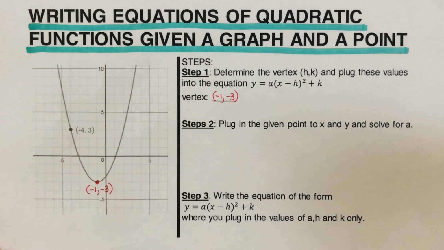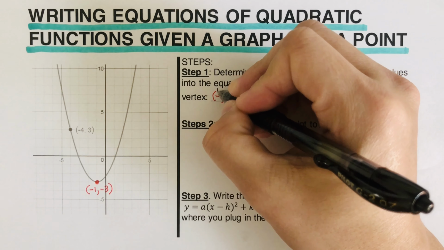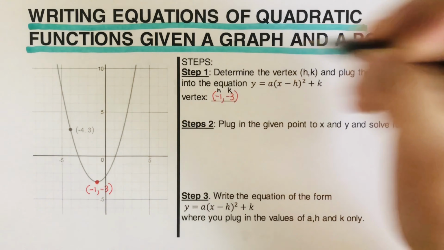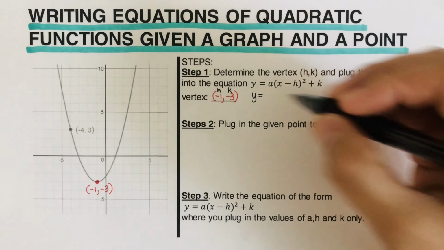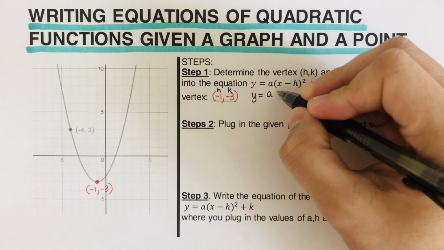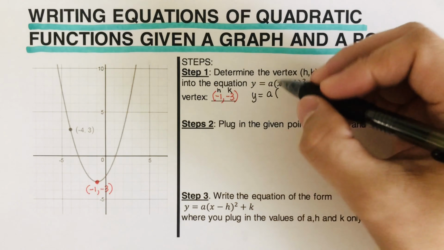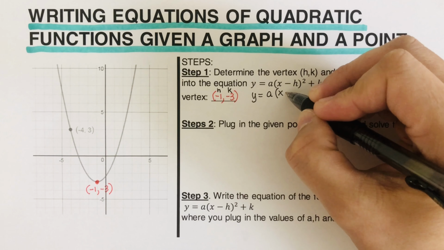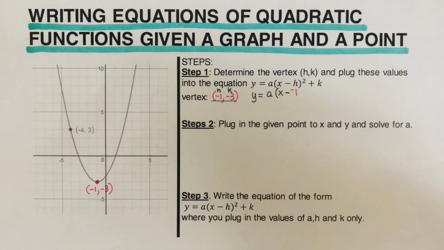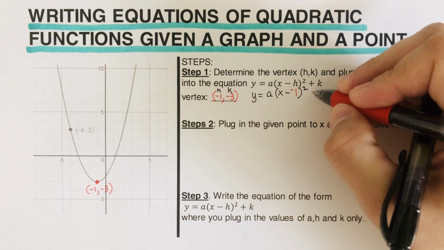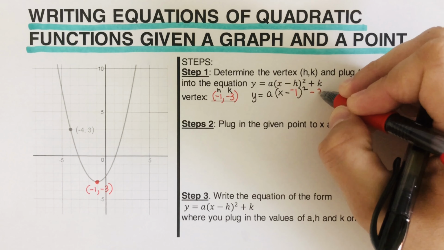Now we are going to write the equation that would work for this. So we're going to plug it in. By the way, this -1 here is our h and this is our k. So then we go ahead and put it into the equation. y equals a, our x is just x, the h is -1, so I'm going to use the red pen for this, so (x minus -1) squared, and then plus k, which is actually -3.